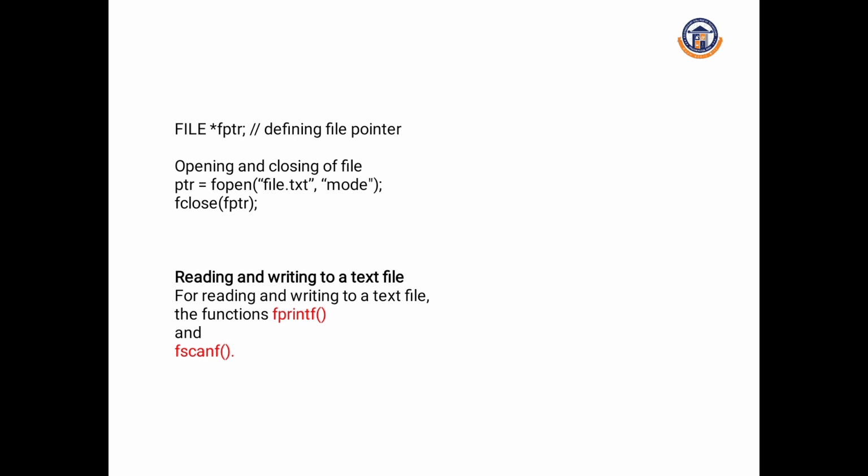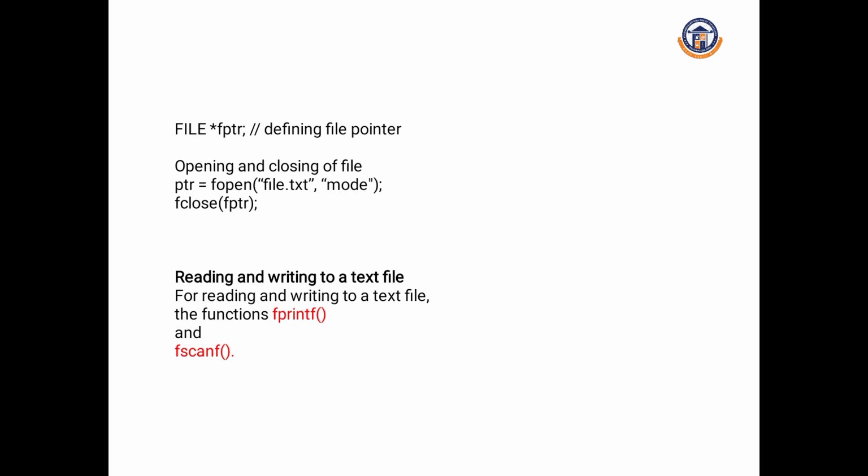So for denoting that file we need a pointer. That pointer should be defined with FILE space star F, it is important, and the pointer may be star FX, star FY, or star FP, star FPTR. In order to open and close the file, we have to assign the file name.